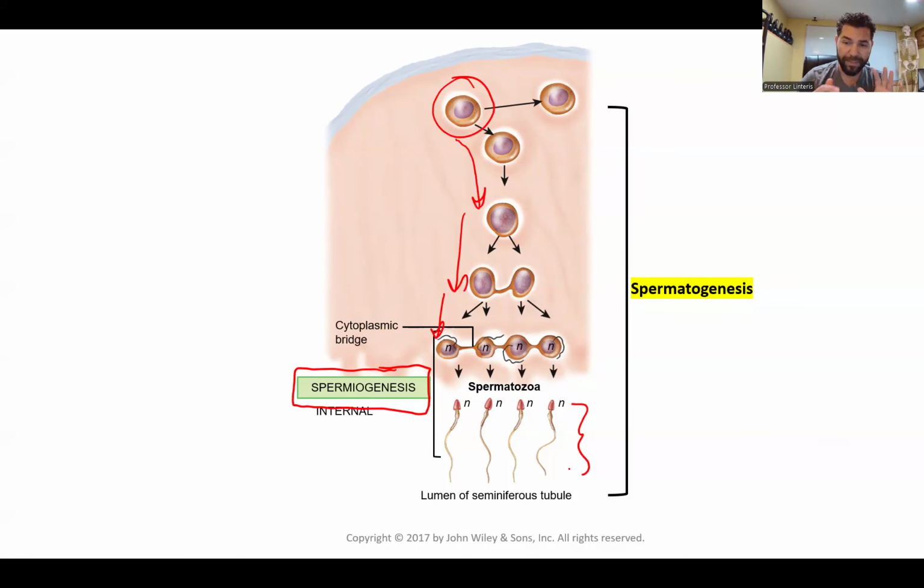So there's two terms we see here, spermatogenesis, which is from start to finish the production of sperm, and spermiogenesis, which is the finalization of those sperm as they enter the center of the seminiferous tubule, if that makes sense.